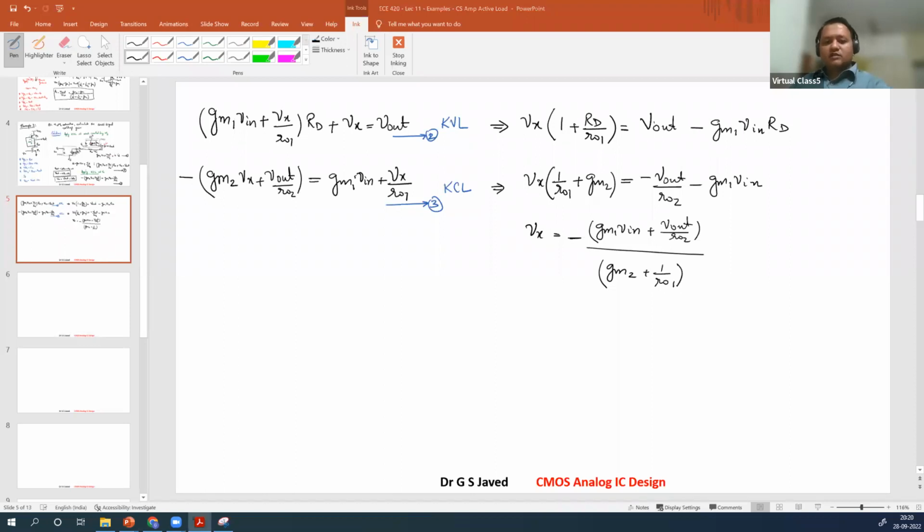So this is the Vx value. Now we can substitute this equation in 1. So what does this give?